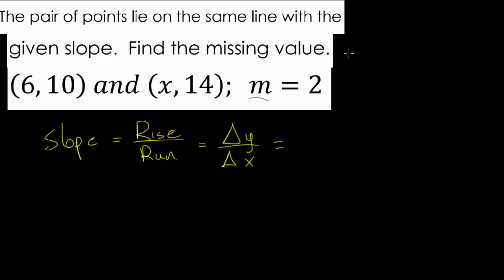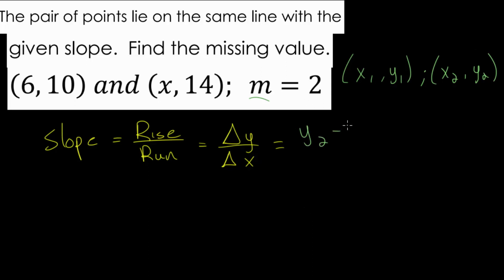If we have two specific coordinate points, let's say (x1, y1) and (x2, y2), then we can find this change in y and this change in x. The change in the y values is just the difference between the y values.